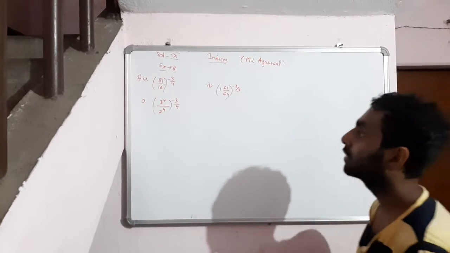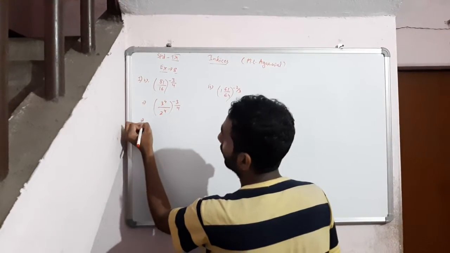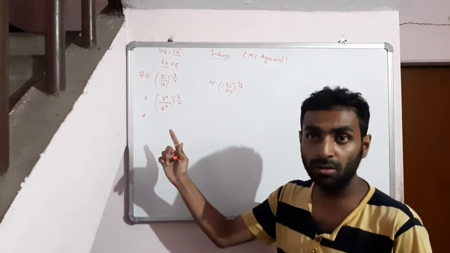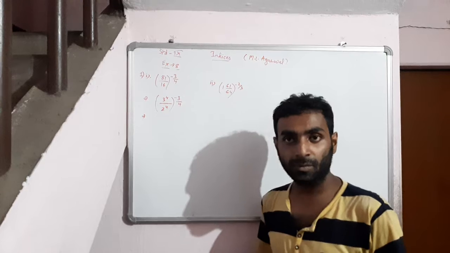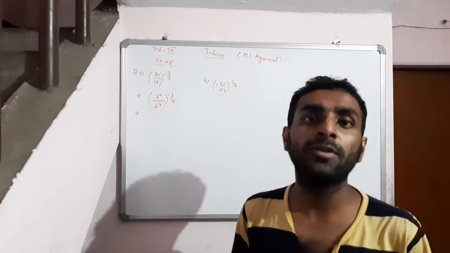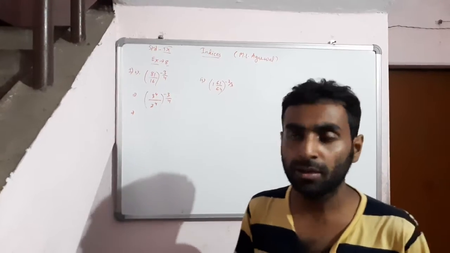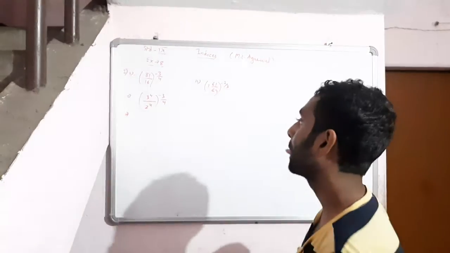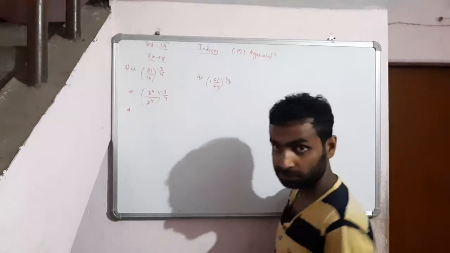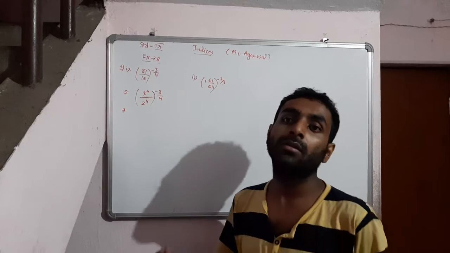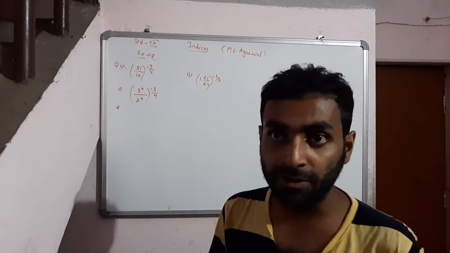Next, now the power rule will apply, the laws of exponents. In the previous video, I have explained the laws of exponents. It is the fifth law, the power law: if one power is above the other power, then the powers are multiplied.